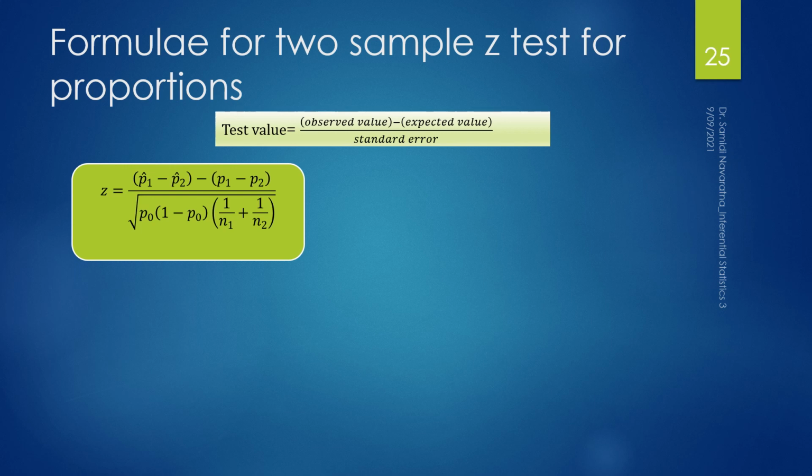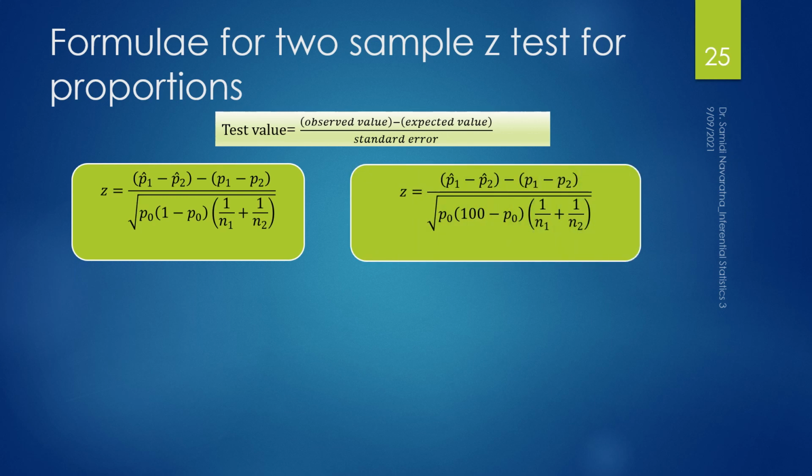And if you are more comfortable with using percentages than the decimals, you can use this equivalent counterpart of the equation. The only difference is that you use 100 here instead of 1.